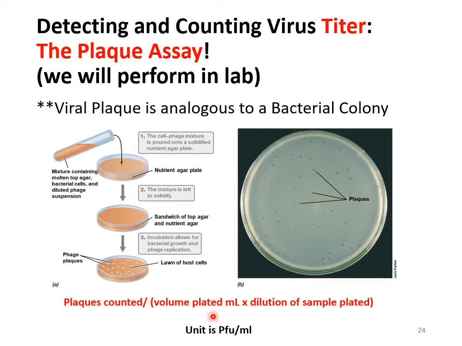Notice the unit will be PFU per ml. That stands for plaque forming units per ml, which is similar to the term CFU per ml, colony forming units per ml, that you may remember from general microbiology and that we talk about with bacteria.